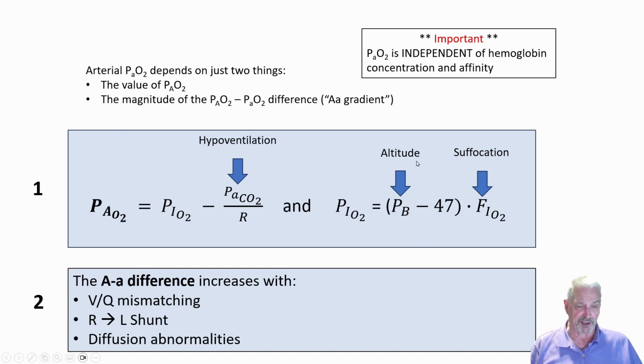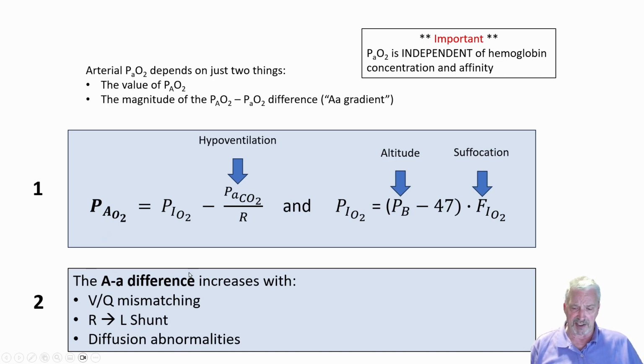Barometric pressure, which really goes down when you go to altitude, is the main way you see a decrease in that. FiO2, which goes down if you suffocate, which is the main way you see a decrease in that. And an increase in CO2, which is caused by hypoventilation. So hypoventilation, altitude, and suffocation all decrease PAO2, which in turn will decrease PaO2.